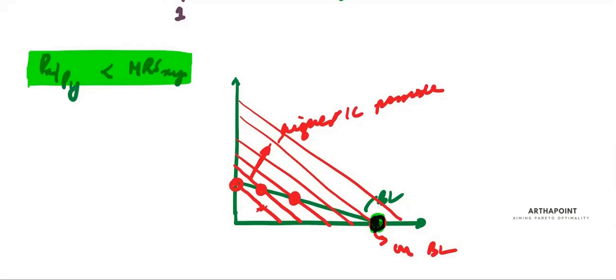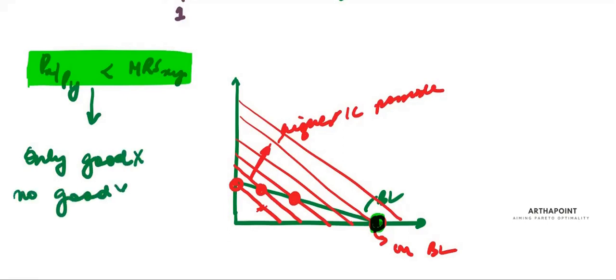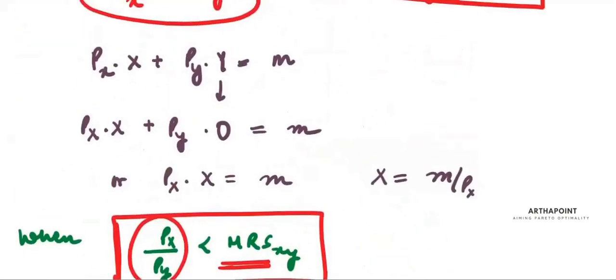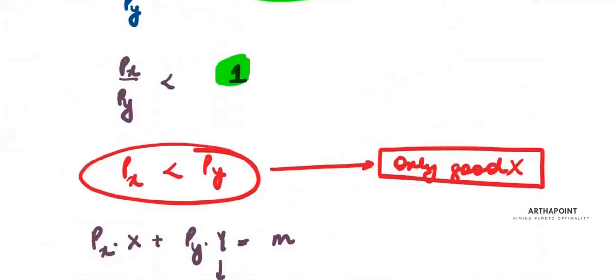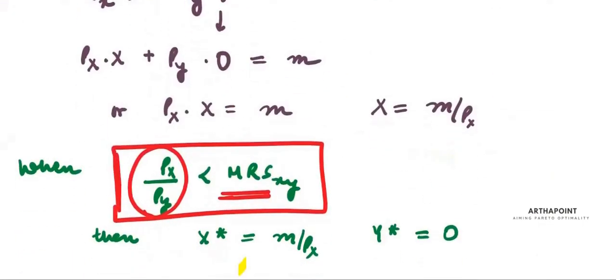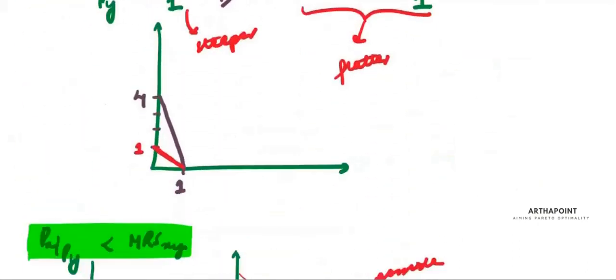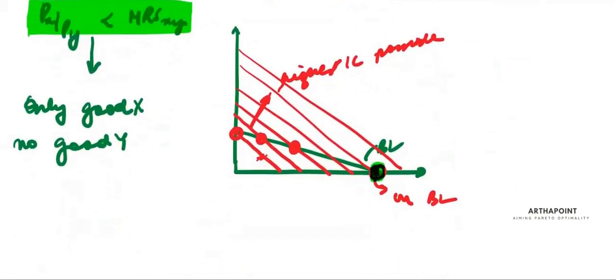And at this point, I see that I am consuming only good X and no good Y. Exactly what we analyzed mathematically: that when Px by Py was less than MRS XY, the price of good X was less than the price of good Y, and I was consuming only good X. In that case, my consumption of good X was M by Px. So we have got the same thing diagrammatically also.